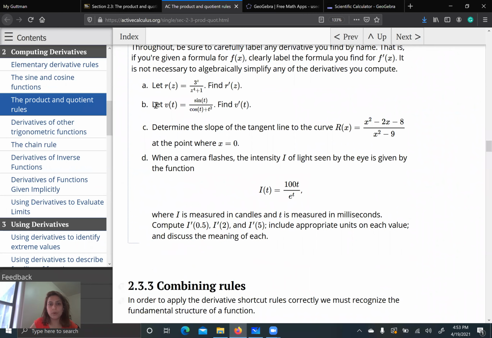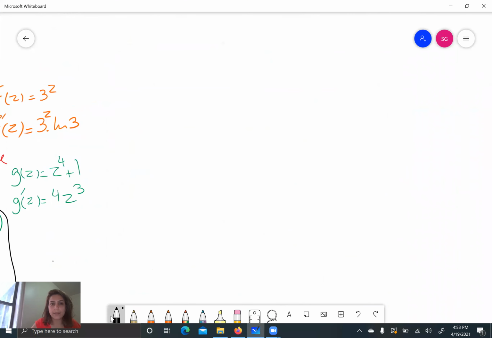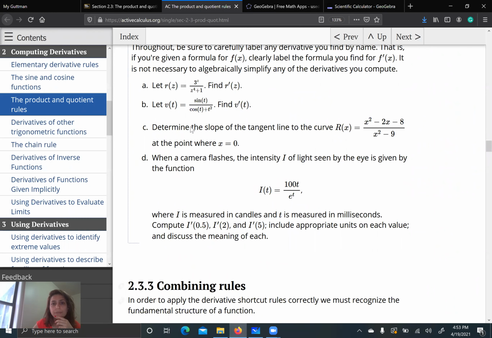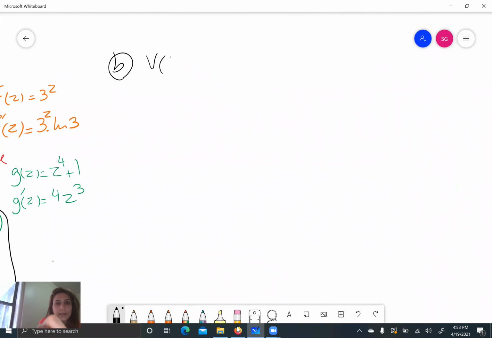Maybe I show you one more. I'm going to show you B, and then I'm going to leave C and D for your practice. Part B says the function is V of t is sine function over, what is the denominator?